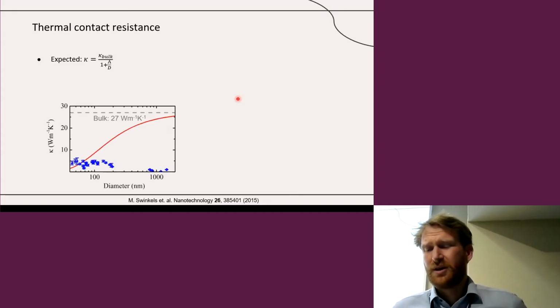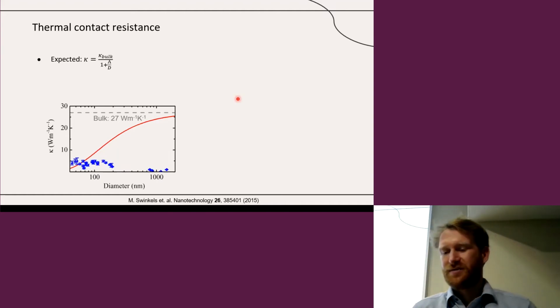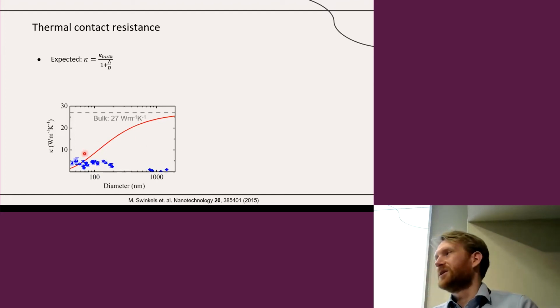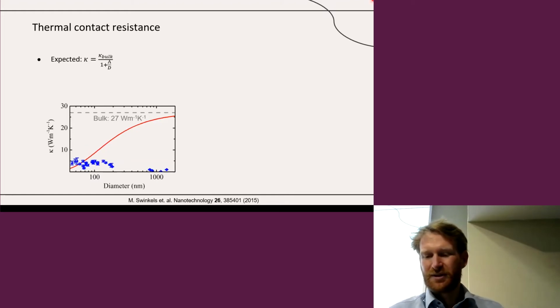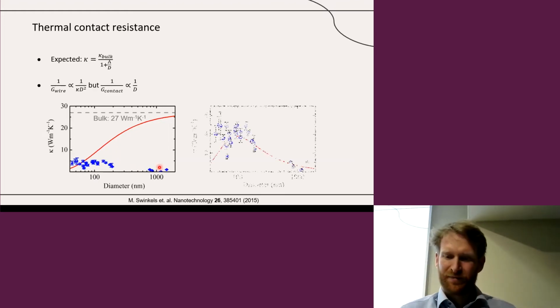As an example, one of the measurements I did was on nanowires of different diameters. As explained before, what you expect is that the thinner you make your nanowires, the lower your thermal conductivity becomes. As you can see, this model, this red line, did not fit my experimental data points in blue at all. Instead, what we found was that the bigger we made the diameter, the smaller the thermal conductivity became.